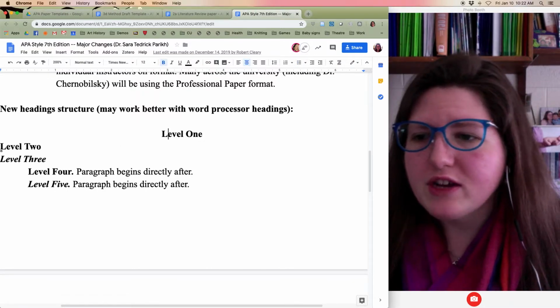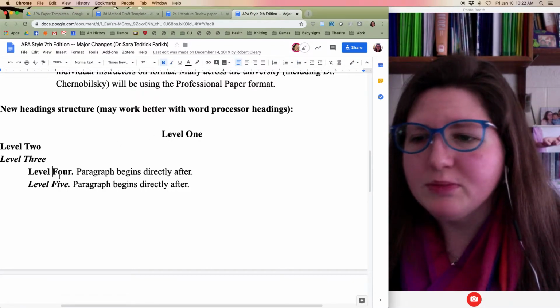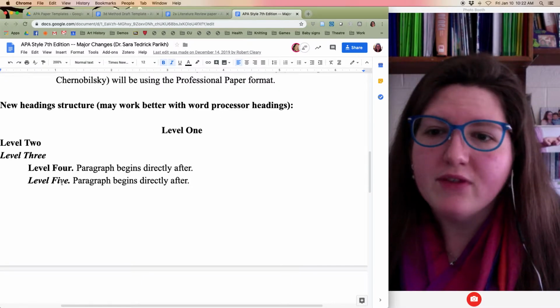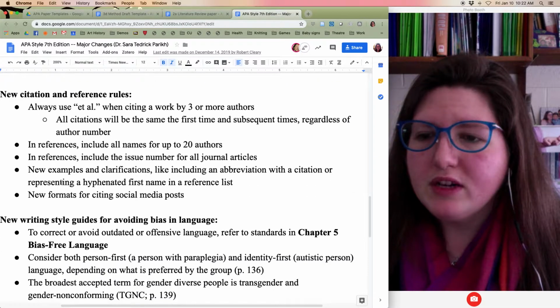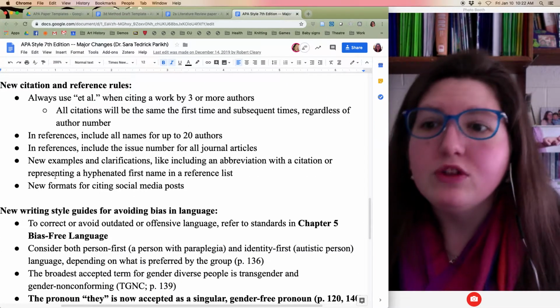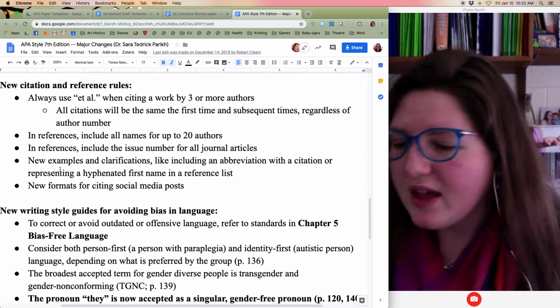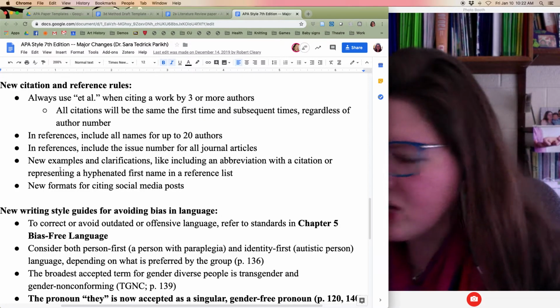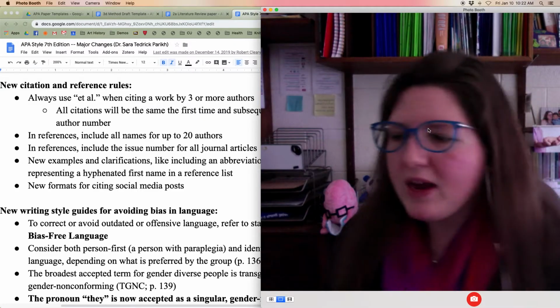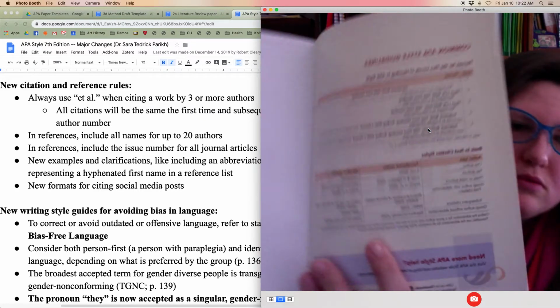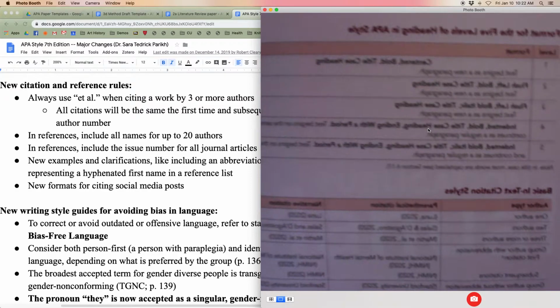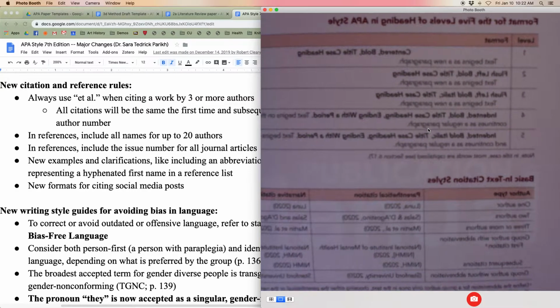So new heading structure, and this is more clear in that little front cover for the manual. Now, new citation and reference rules. This is where there is a big, big change. The table down here really, I think, helps.